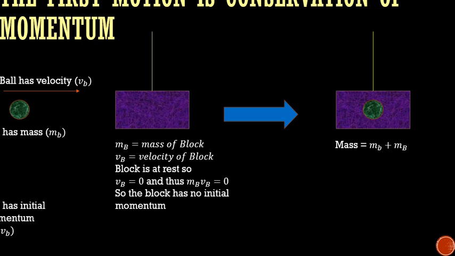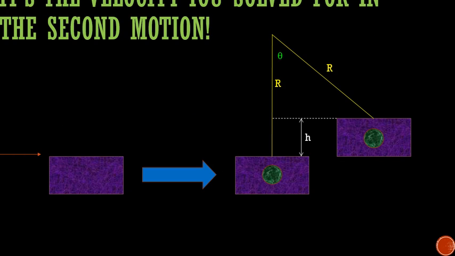Now at the end, mass is going to be the combined mass of the block and the ball, and what's the velocity going to be? Any ideas? The velocity is the velocity that you solved in the second motion. So if you look at this, from left to right, you're looking at the ball getting fired into the empty block, and then the ball is in the block, and it moves some height h, right?